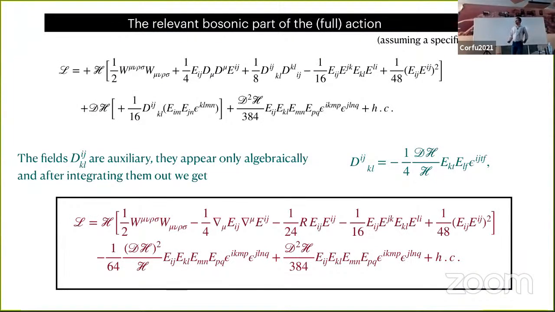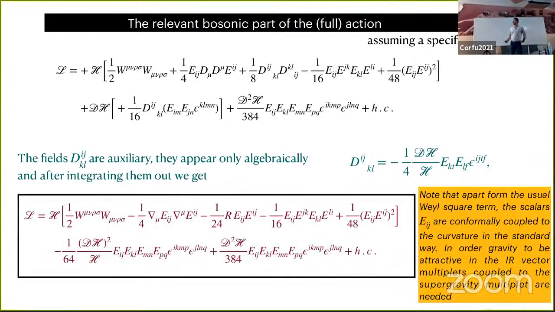In order to study the vacuum structure, we have to study the Lagrangian, and this is the Lagrangian of our theory. The next step is to integrate out the D field, which is auxiliary, and in red is, let's say, the master equation of our theory. In this master equation you see the Weyl squared term, the conformal gravity, the terms that depend on the E field, as well as the H function, the holomorphic function that introduces the ambiguity of N=4 supergravity.